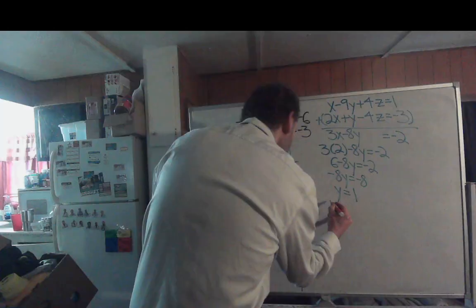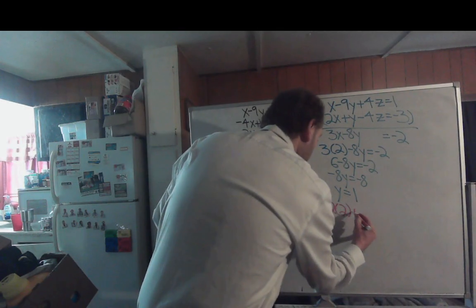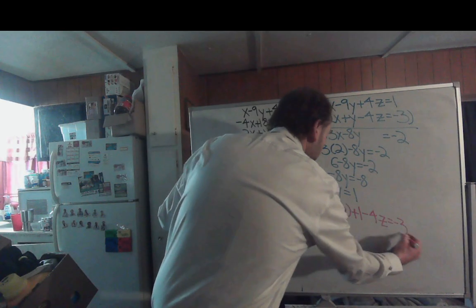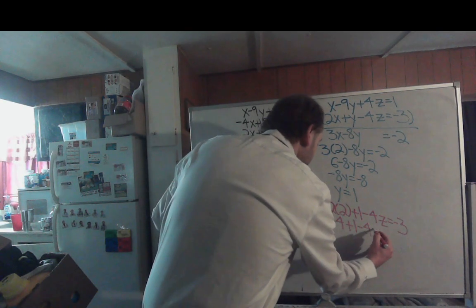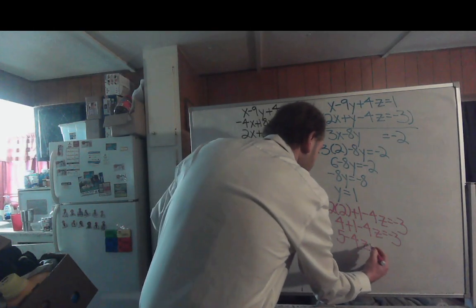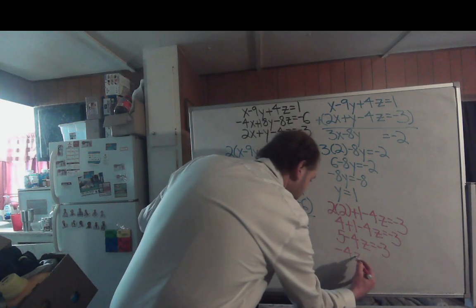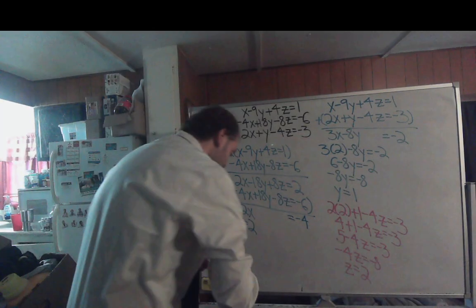Take 2 times your x value of 2 plus your y value of 1 minus 4z, set all that equal to negative 3, which would give you 4 plus 1 minus 4z equals negative 3, which would give you 5 minus 4z equals negative 3, which means negative 4z would equal negative 8, which would give you z is equal to 2. So now we found all three coordinates of the ordered triple.